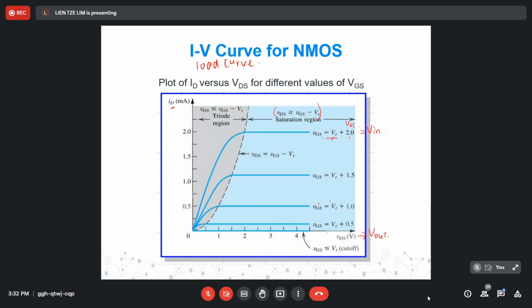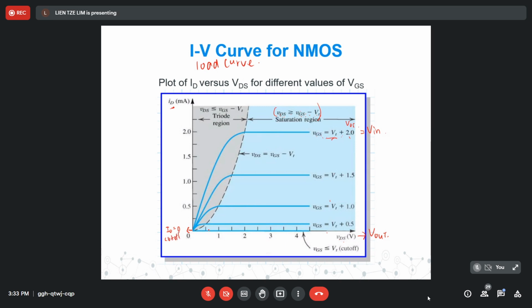So in this curve, what does it mean? This curve that is at this level, the current is 0. At this level it means that ID is equal to 0. When ID is equal to 0, it means that the NMOS is cut off.